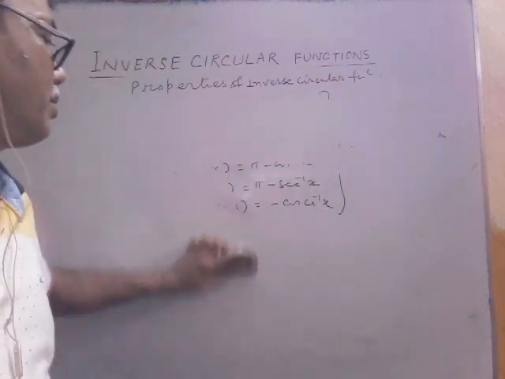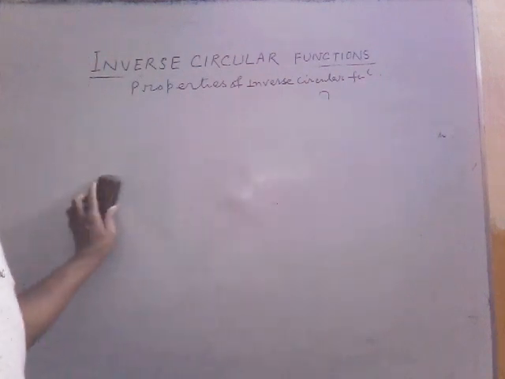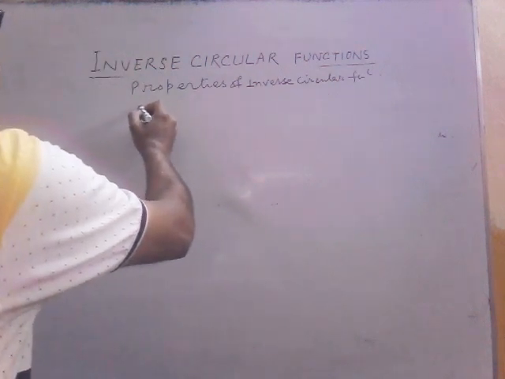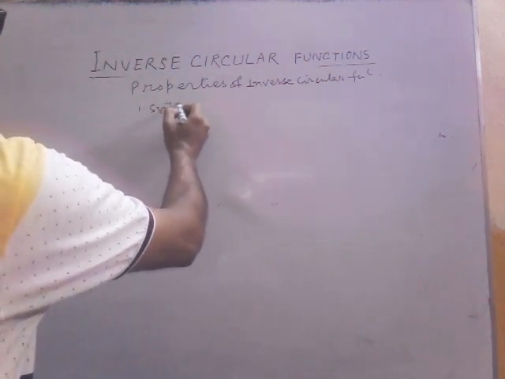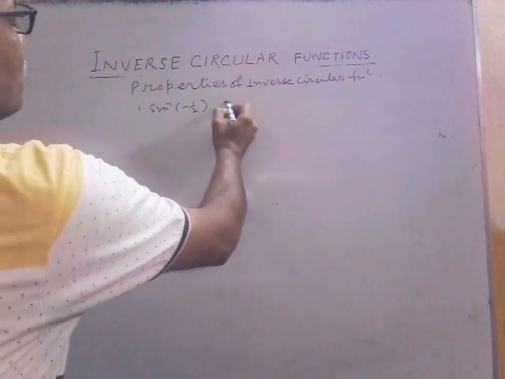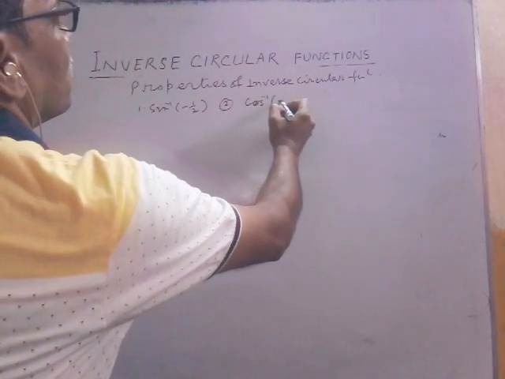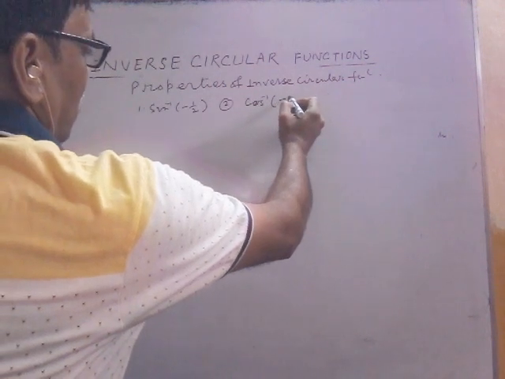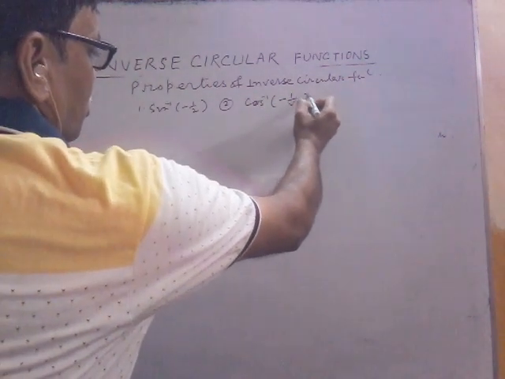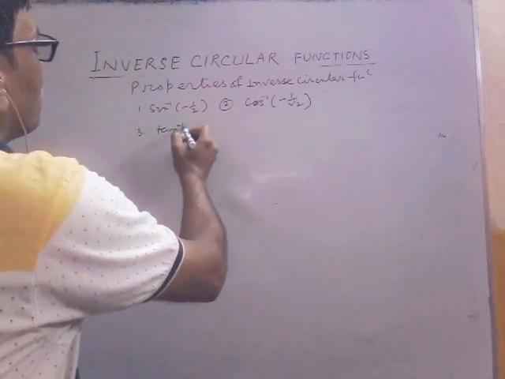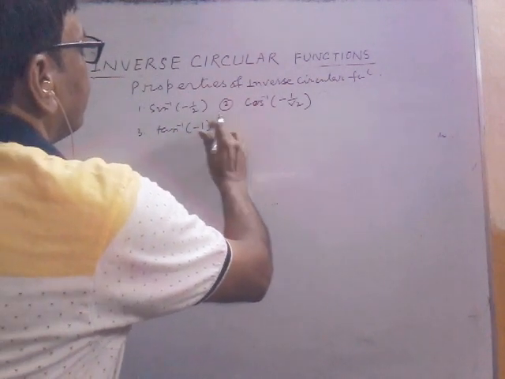Find the principal value. Sin inverse minus half. Cos inverse minus 1 by root 2. Tan inverse minus 1.